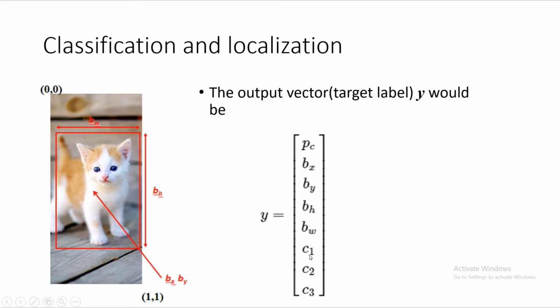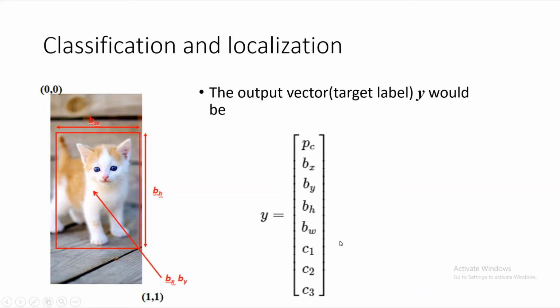It is a vector whose first component is PC, and this tells us whether there is an object or not. If the object is a cat, dog or mouse, it will be equal to 1. And if there is no object, then PC will be 0.